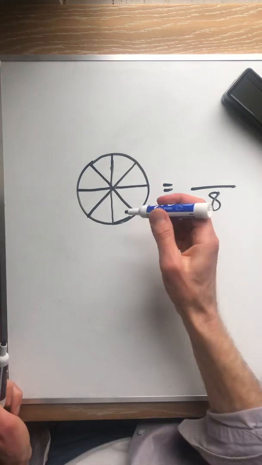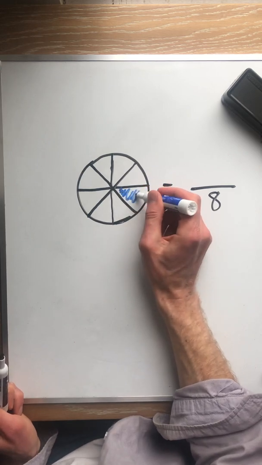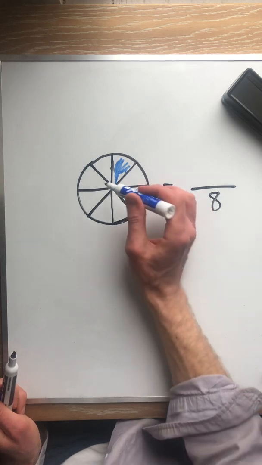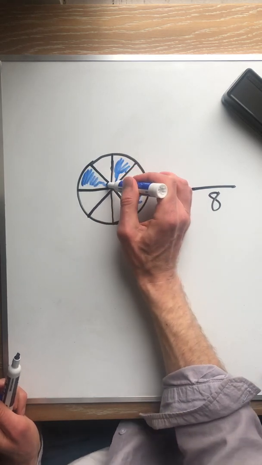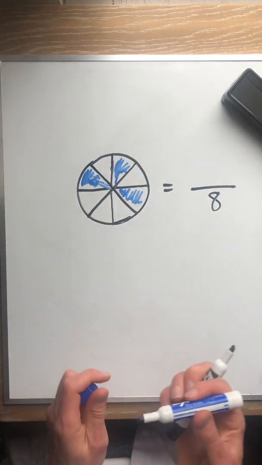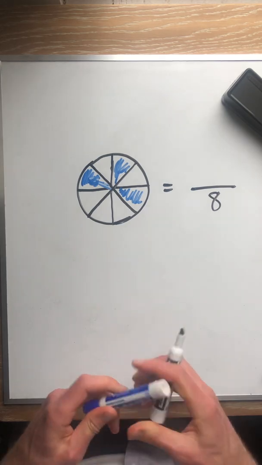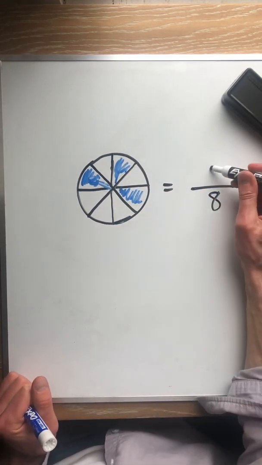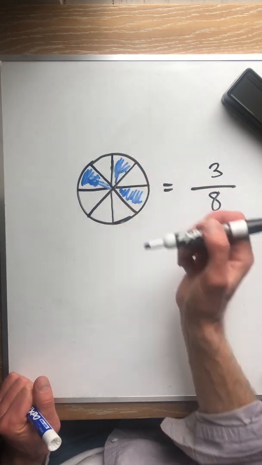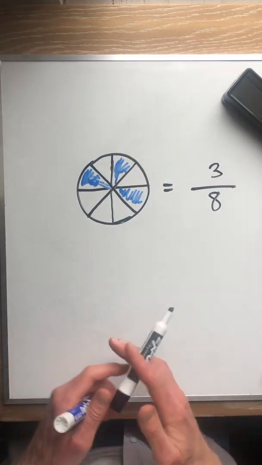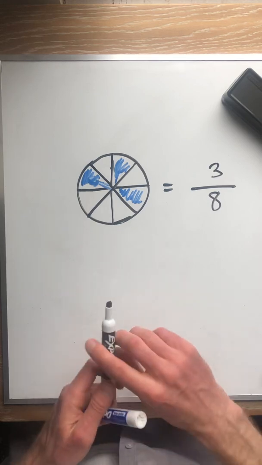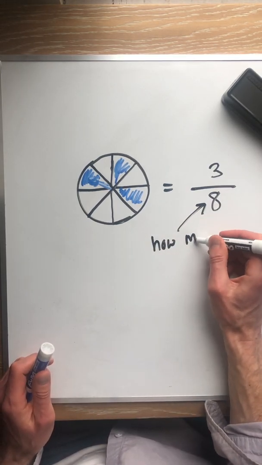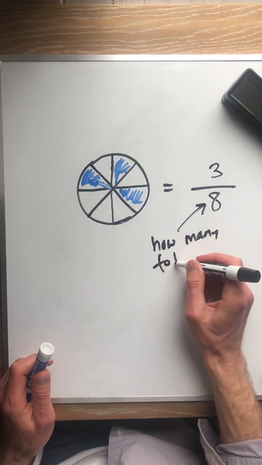Now I'm going to color in 1 over here, 1 over here, and how about 1 over here too? And if it says, what fraction is the shaded area? Well, let's see. How many did I shade in? 1, 2, 3. 3 of them. So they don't have to be connected. They can have spaces in between. So that's 3/8 because the denominator is how many total pieces.